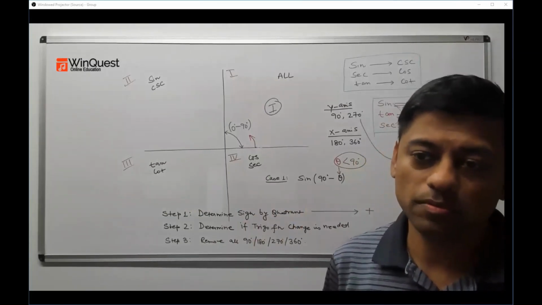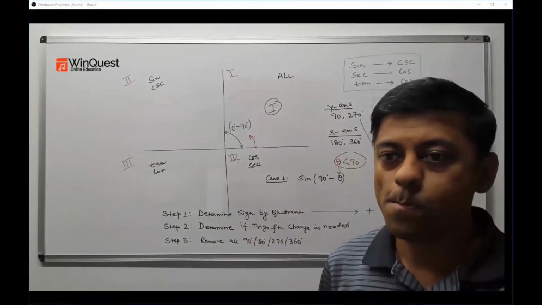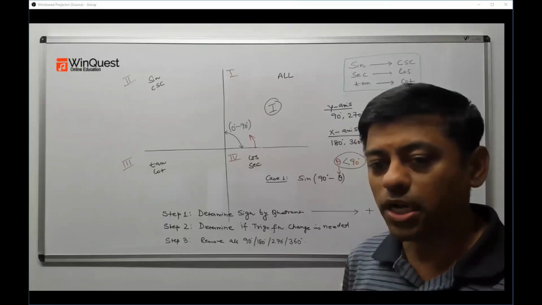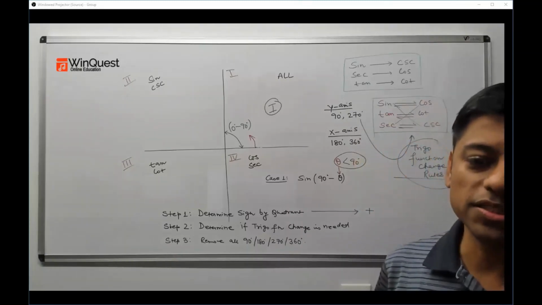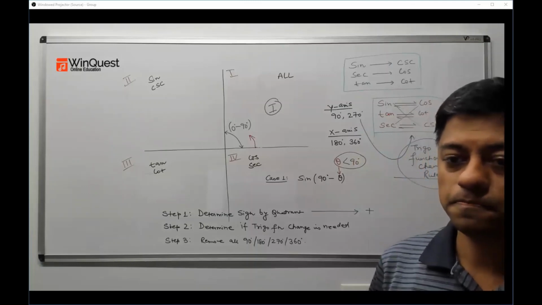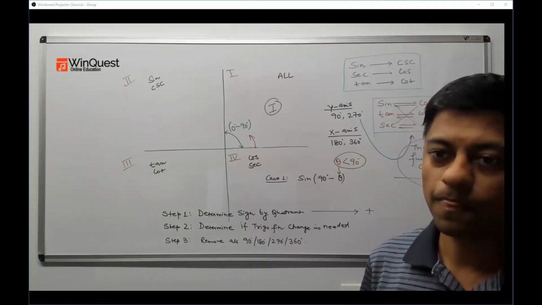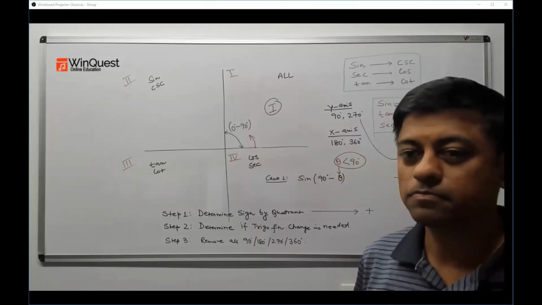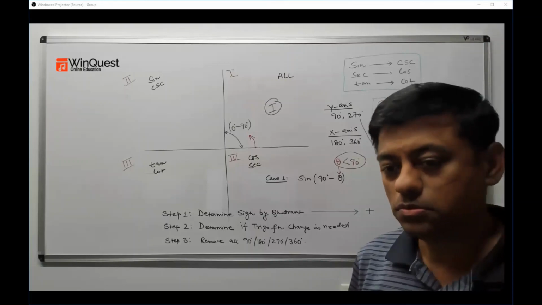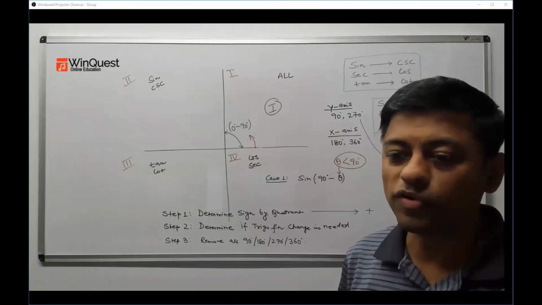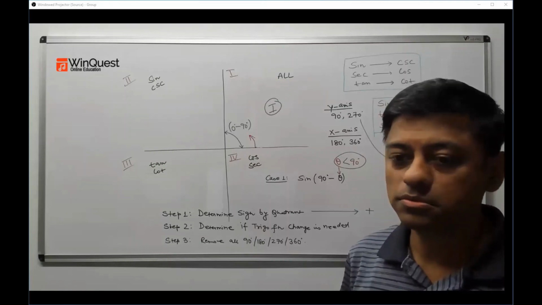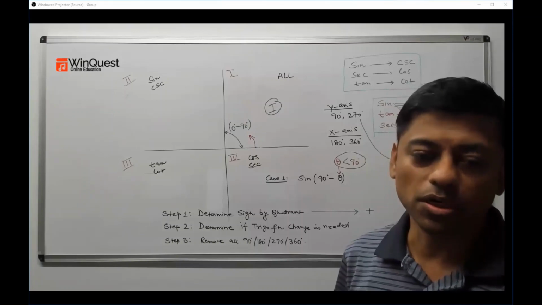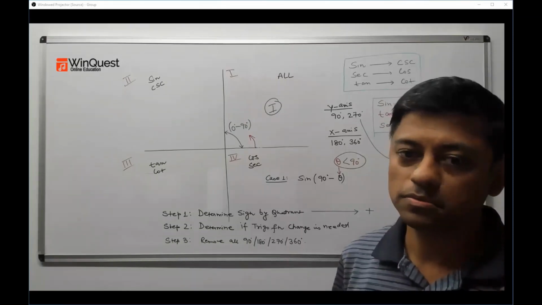Can I pass? I'm kind of lost. Bhumika, trigo function change is required or not required? It's required. Why? Because 90 degrees is on the y-axis. Very good. Shreya, trigo function change is required? I don't think so. Aditi? No.